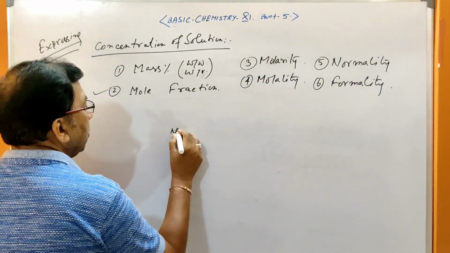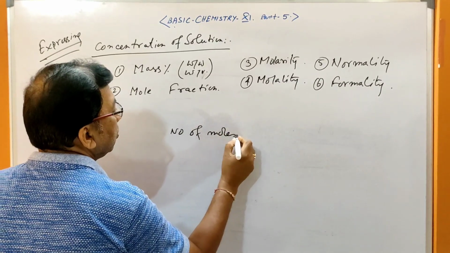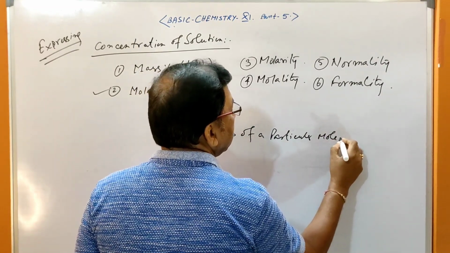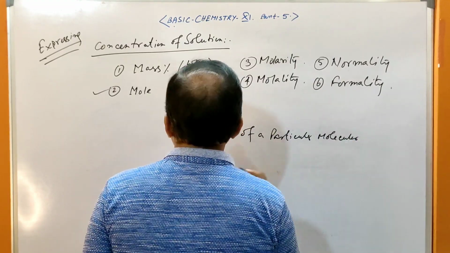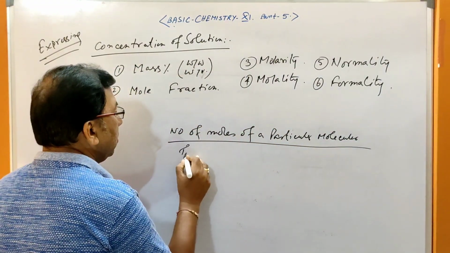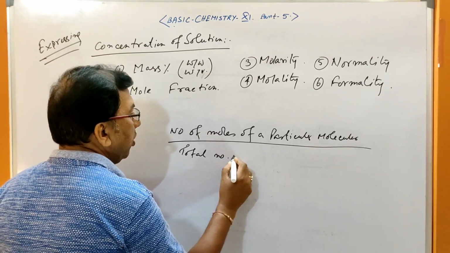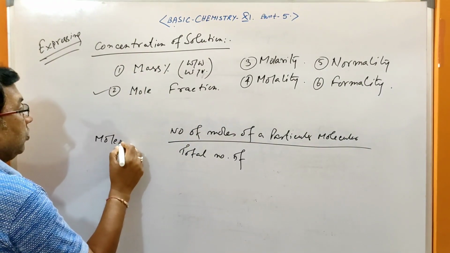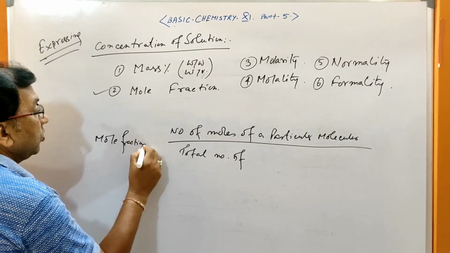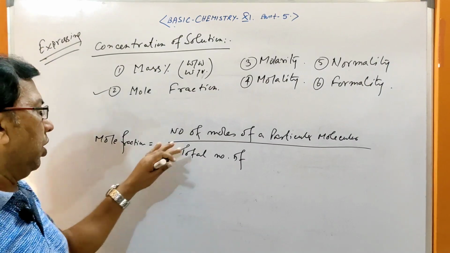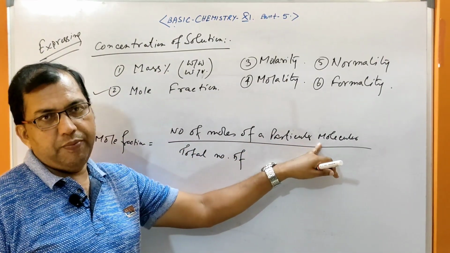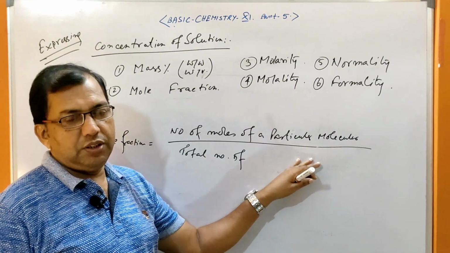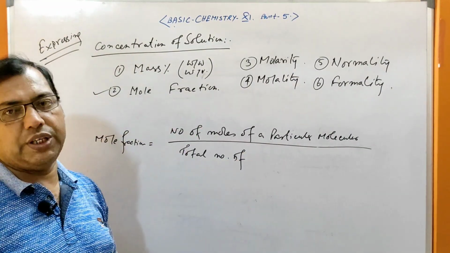The number of moles of a particular molecule, Na, divided by the total number of moles of the solution.